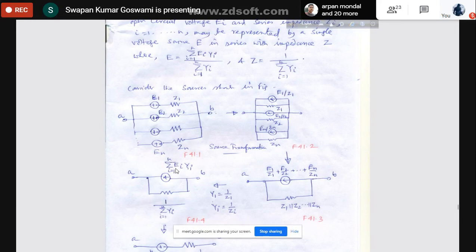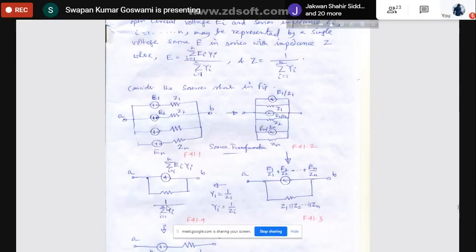Then what will the parallel impedance be? These impedances are in parallel. If I write them in the form of admittance, Z1 means Y1, then Y2, and so on. If admittances are connected in parallel, the resultant admittance is the summation of admittances.